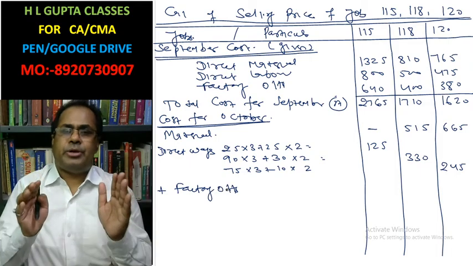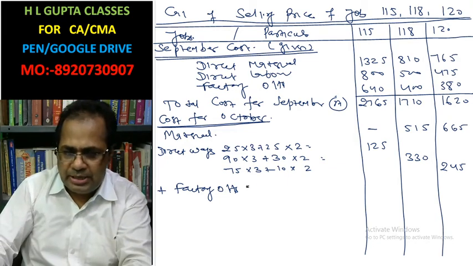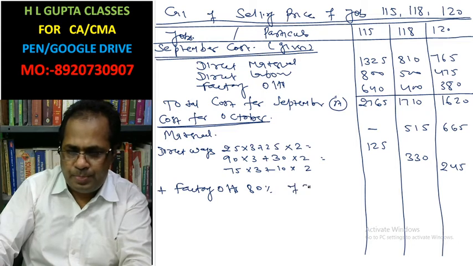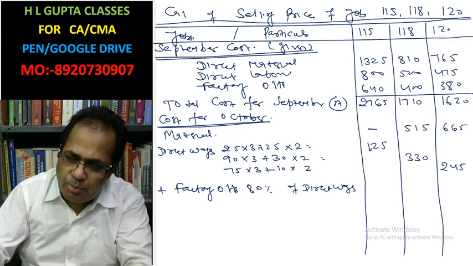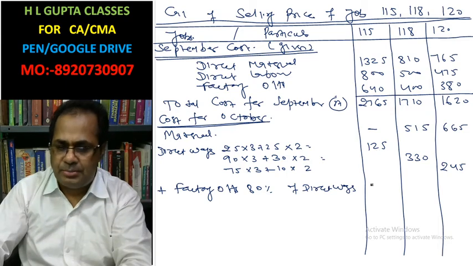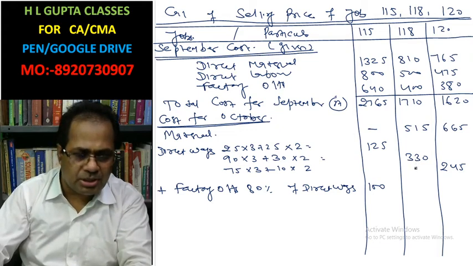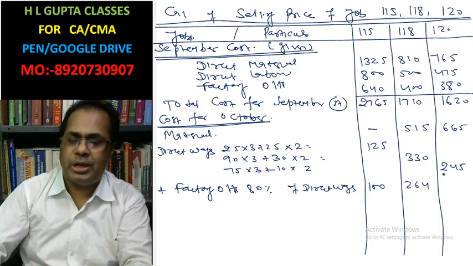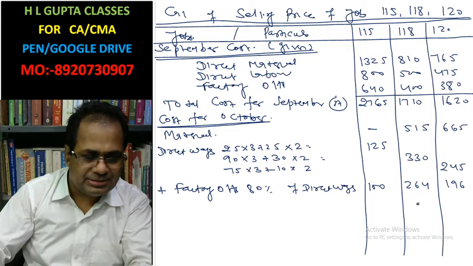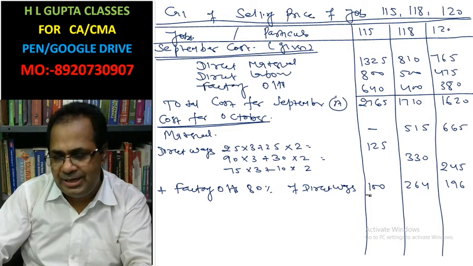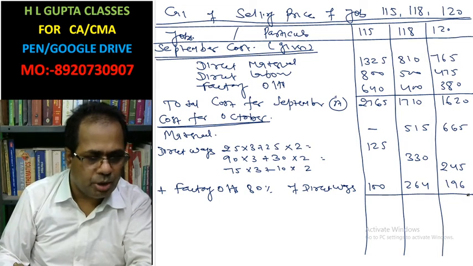Recovery rate of factory overhead, we have already calculated, is 80% of the direct wages. 80% of 125, this is 100. 80% of 330, 264. 80% of 245, 196. Then after adding these all, you will have total cost of October.